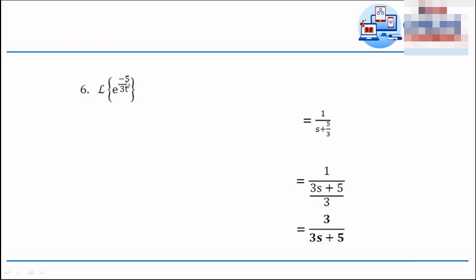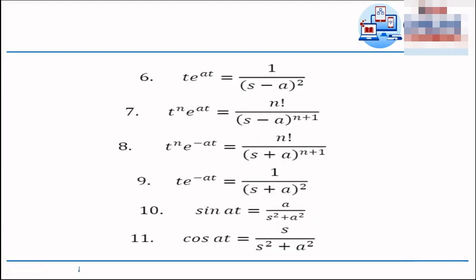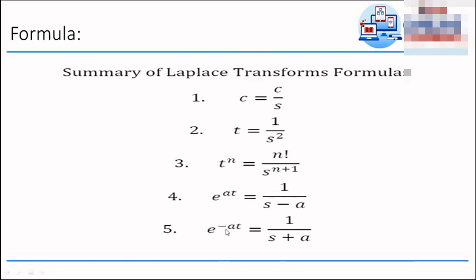So the Laplace transform of negative 5 all over e raised to 3 multiplied by t. Okay, so the same formula that we're going to use. So formula number 5. Since we have here a negative value, if we look at your formula number 5, e raised to negative a multiplied by t is equal to 1 all over s plus a.